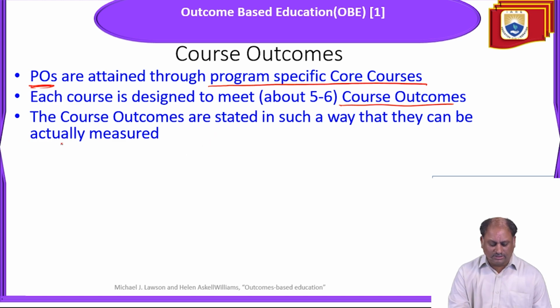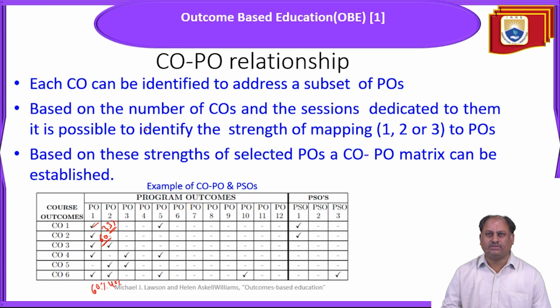This is stated in such a way that whether it is actually measured for a particular course or not. So these course outcomes and program outcomes can be related with the help of matrix notation, and we have to give a percentage for each CO with PO and then for each CO with PSOs.